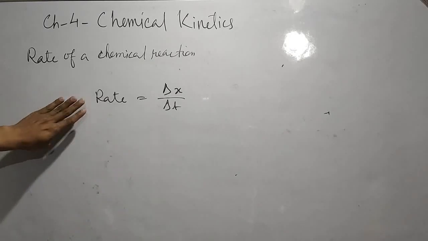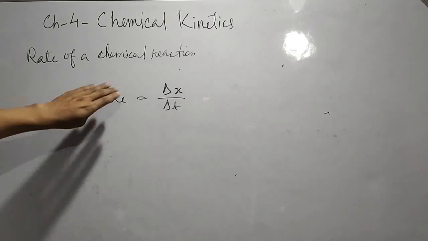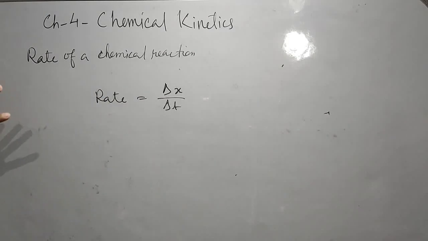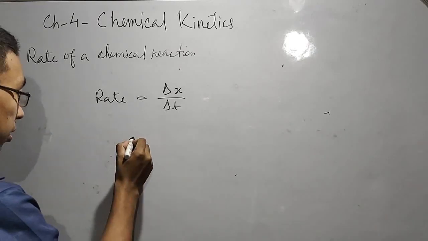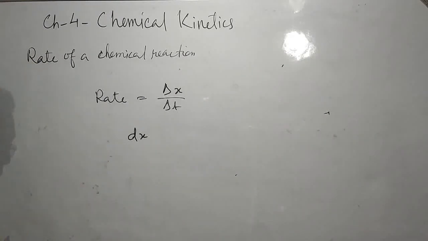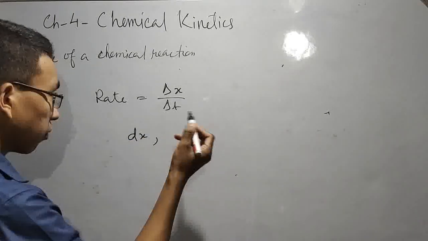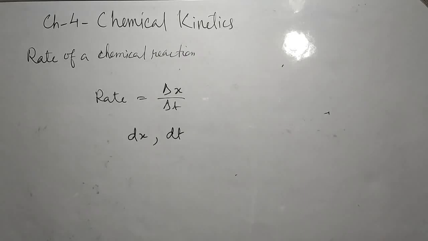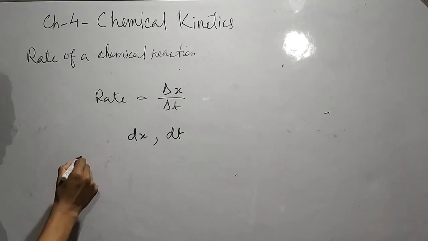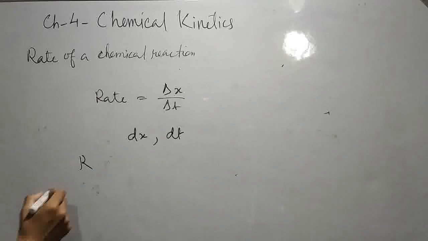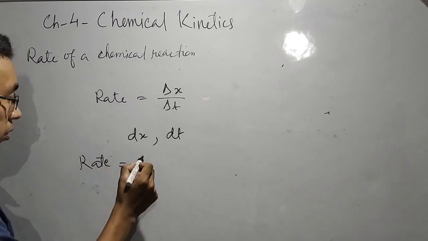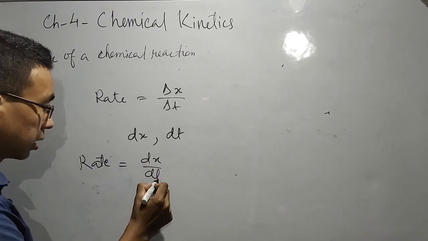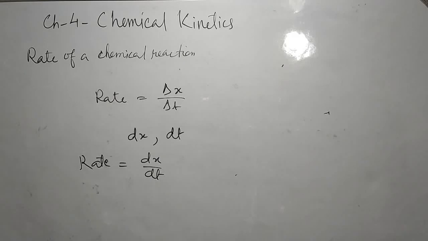Now this is the average rate, we represent it this way. If we consider a small change in the concentration given by del x, for a very small time interval, that is del t, then we can represent it by differential calculus, that is rate is equal to dx by dt.